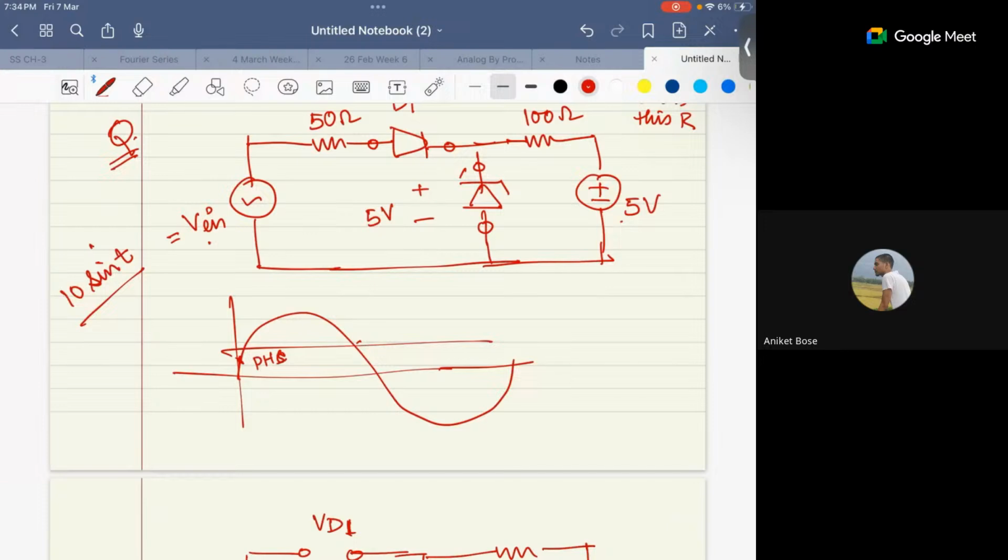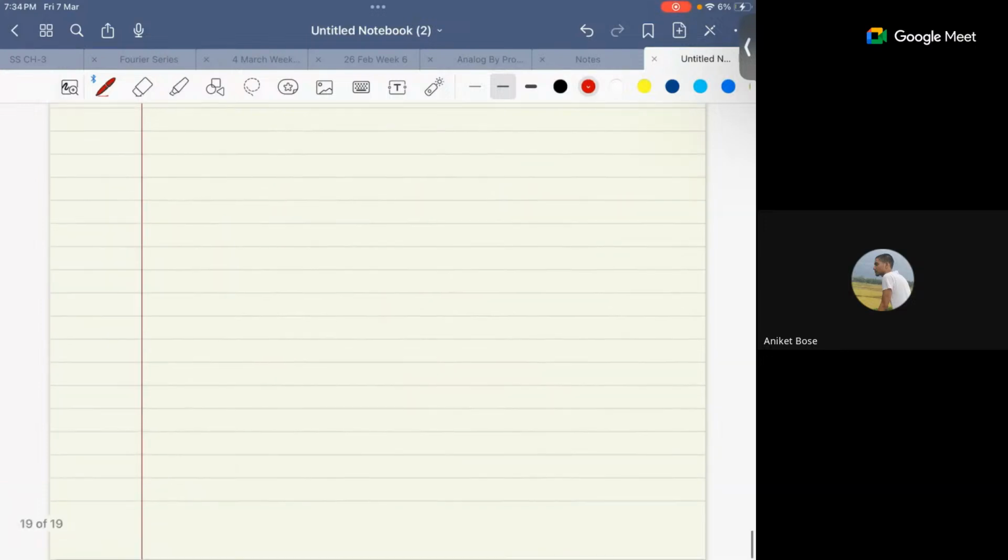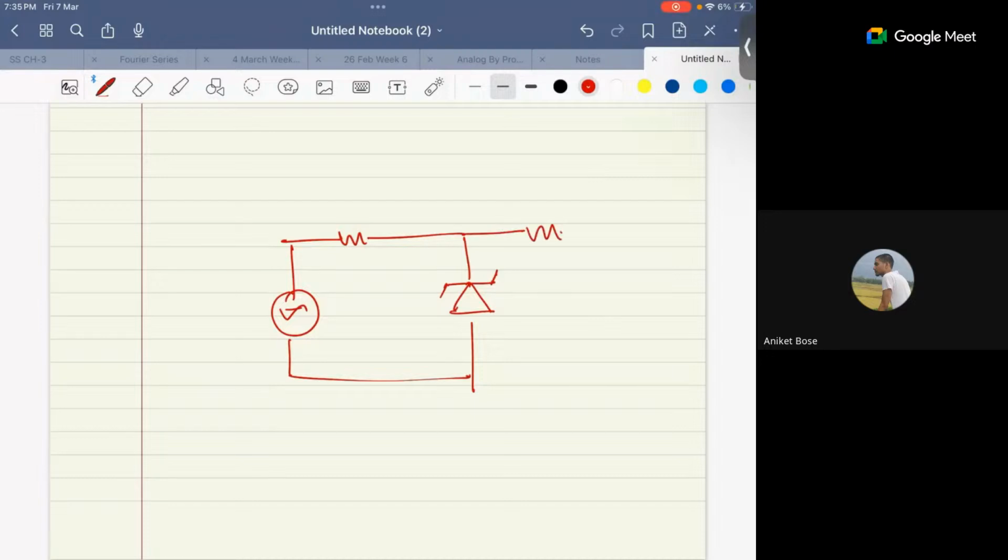Now, if the voltage is more than 5 volt, what will happen? D1 will get forward biased. If this is forward biased, you have a Zener diode also. Okay, now what will happen?